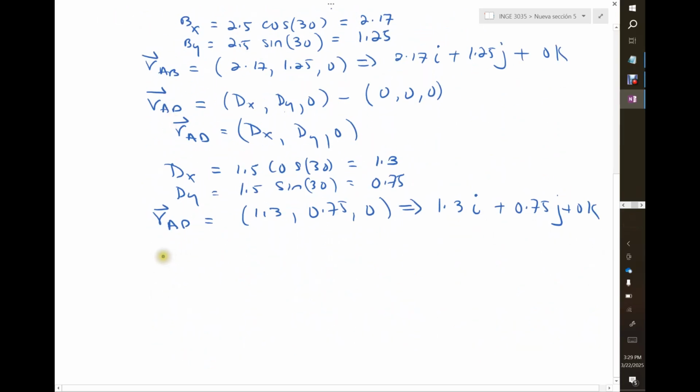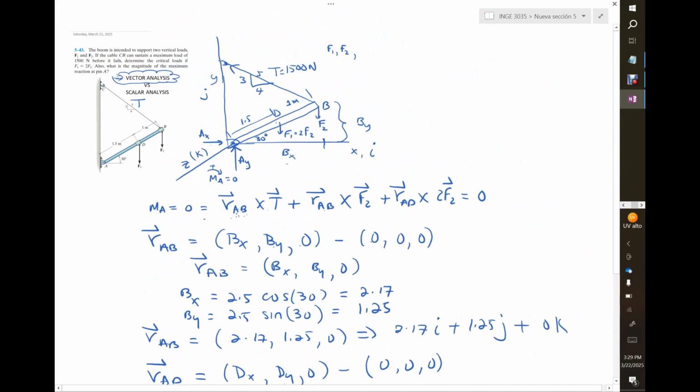Well, T in vector notation, as in general for any vector, you can write as the magnitude of T multiplied by the unit vector, that by definition is the vector going from B to, what's this point here?